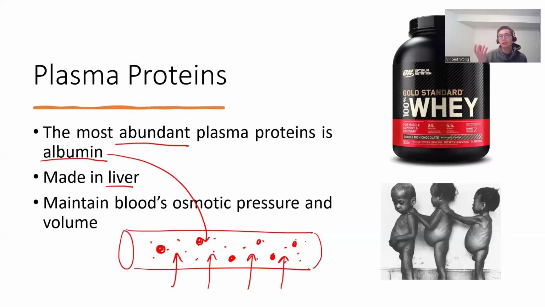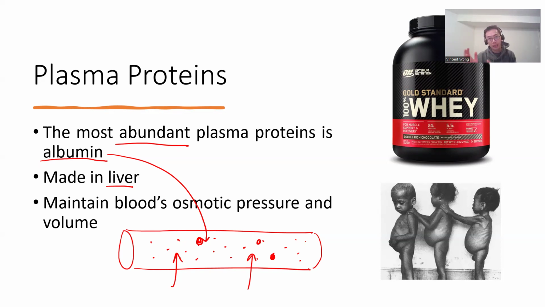So without adequate protein in the diet, they don't have the amino acids to make the albumin. So when they don't make enough albumin from the liver, their osmotic pressure actually will go down because now you have less things in the blood, right? So then you're not able to retain as much fluid in the blood vessels.